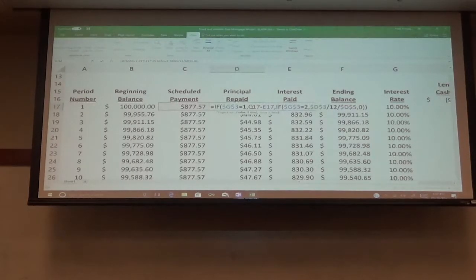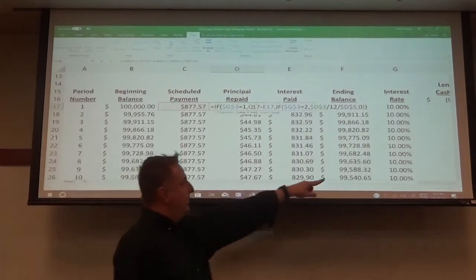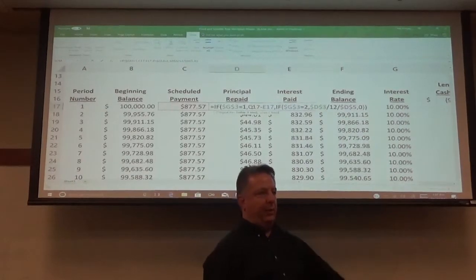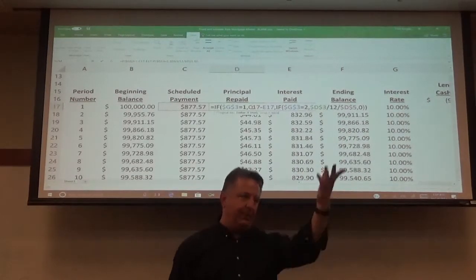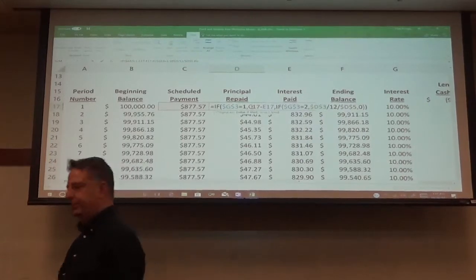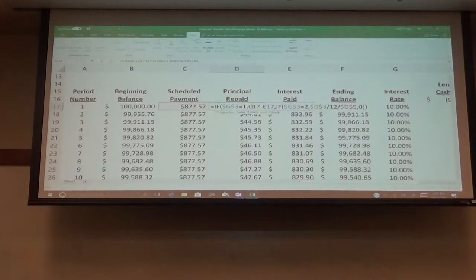Other than one other possibility, and that is you still have some of your interest rate column numbers not equal to 10% further down. That is true. Then that's the problem. There's only so many possible things that could go wrong.